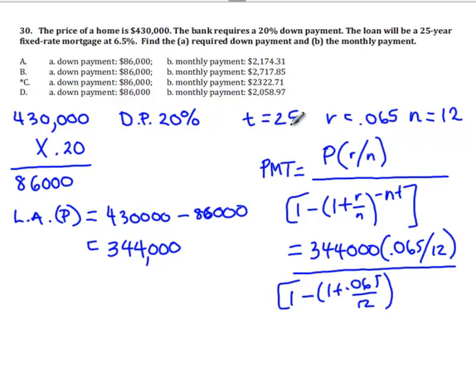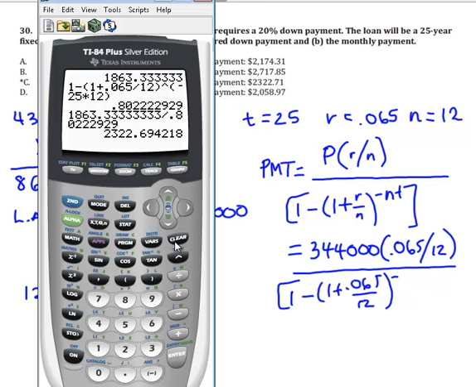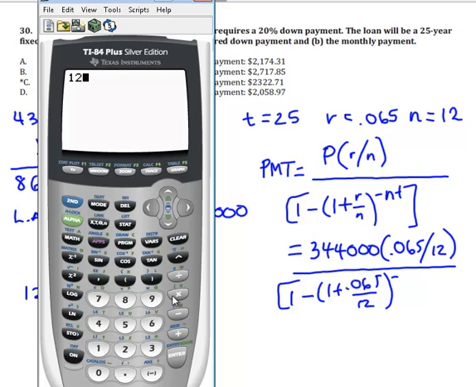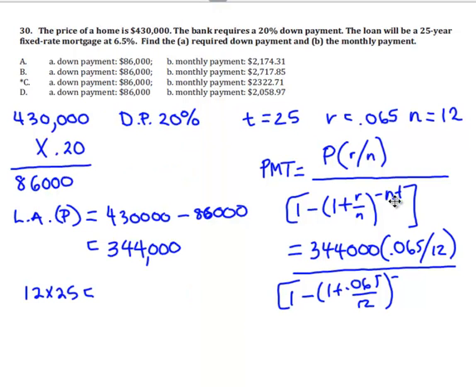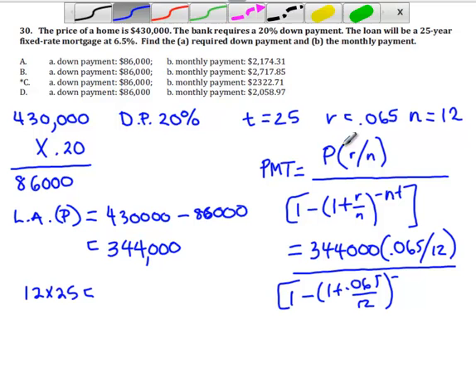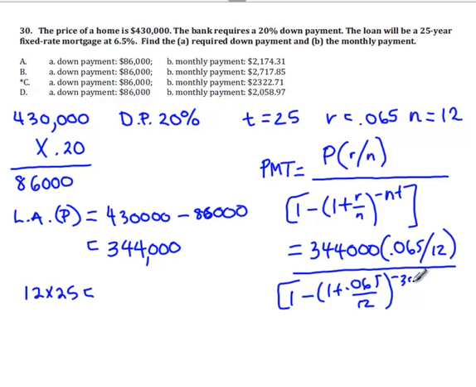And what I'm going to do is multiply 12 times 25 and get that value for my exponent here so that I don't make a mistake when I enter this, because if I forget to put parentheses around that exponent, I'm going to miss this even if I get everything else right. So we've got 300 payments total, and so right here I'm going to put negative 300, close parentheses.